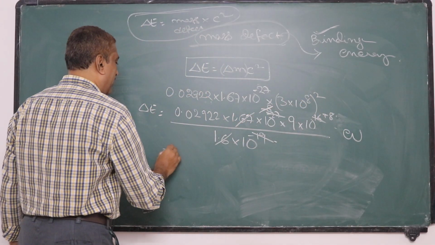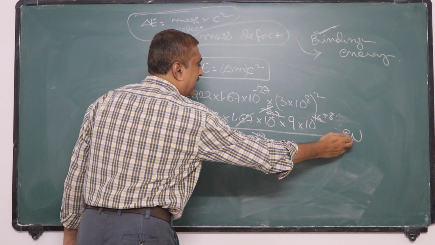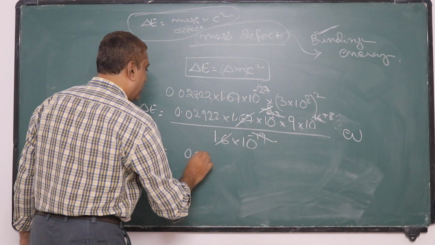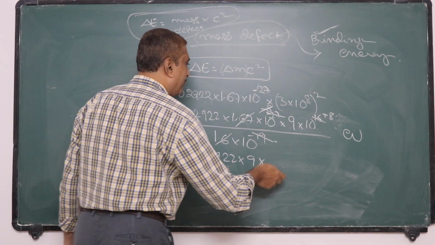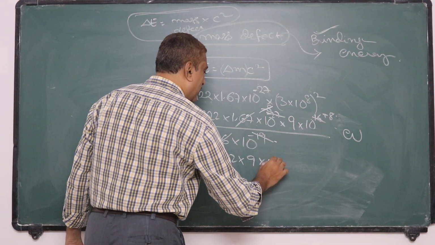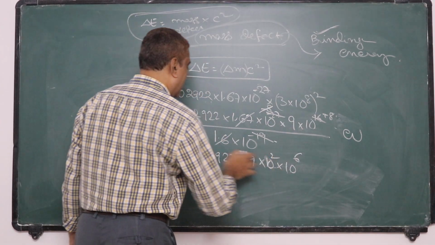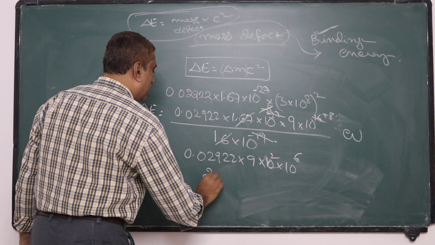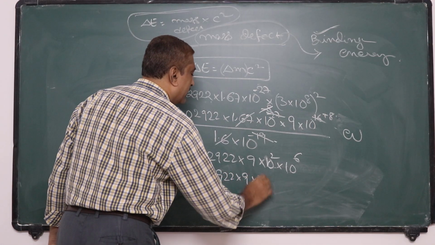So the remaining value is this one. Suppose we want to express it in million electron volts, then it is 0.02922 into 9 into 10 power 2 into 10 power 6. Writing this as 2.922 into 9 into 10 power 6, that is in MeV.